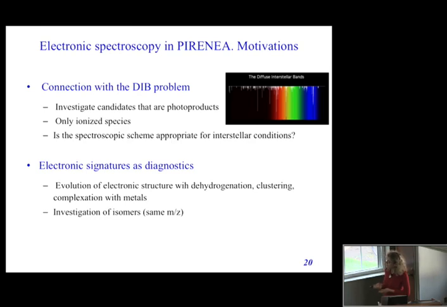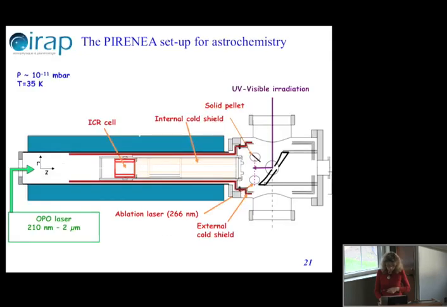And we can investigate also isomers, because an m/z ratio doesn't tell you anything about the structure, but if you can combine it with spectroscopy, then you can learn something about the structure of a species.